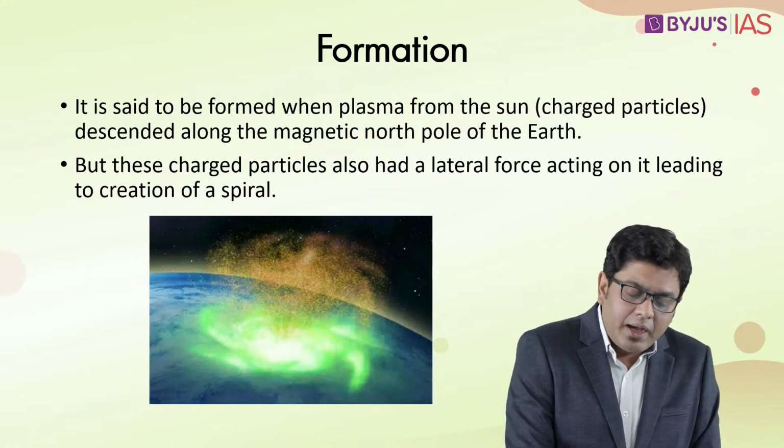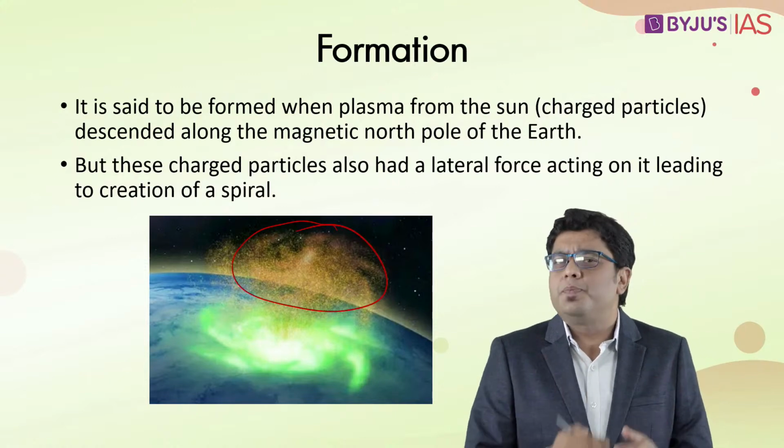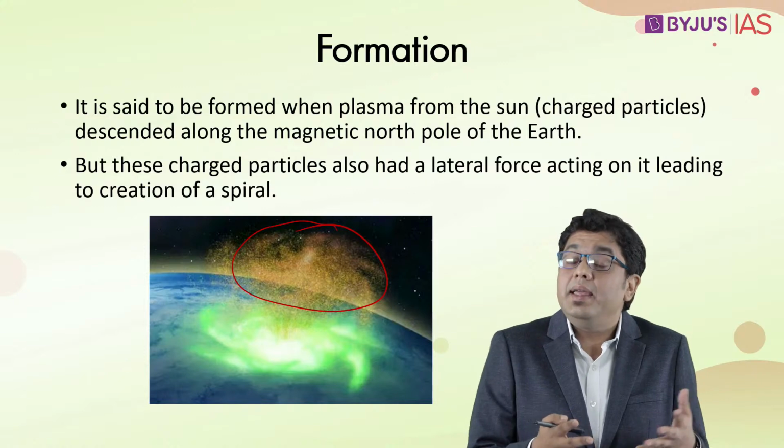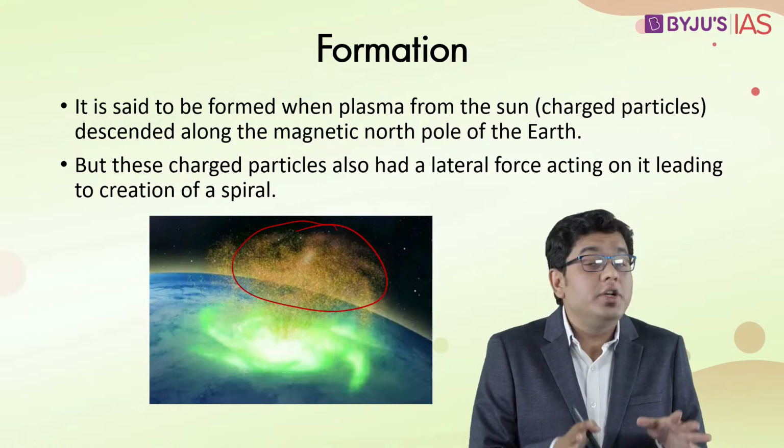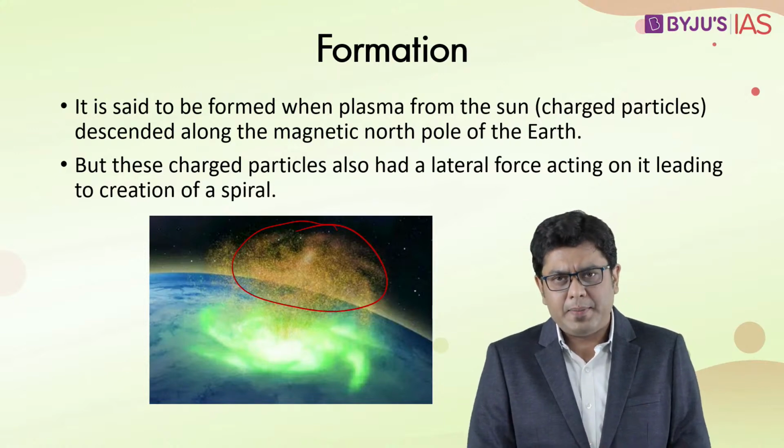And in this figure, I hope you are able to see the lightly colored orange particles. This is clearly an artistic representation of what a space hurricane would have looked like.